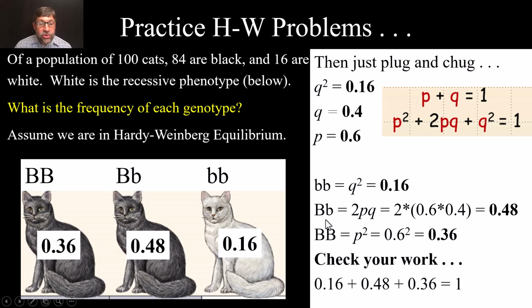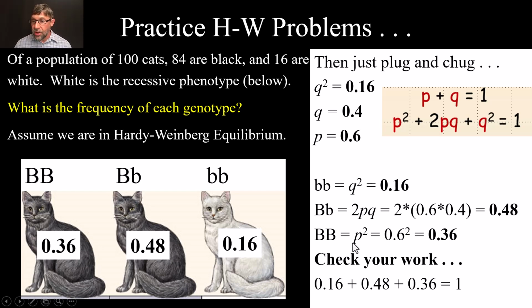To solve for the heterozygotes, I'm going to go back to those Hardy-Weinberg equilibrium equations and think about the genotype frequencies. So we know the frequency of the heterozygotes, big B, little b, is 2 times P times Q. Remember, I've solved for P and I've solved for Q. 2 times P times Q. Remember, with multiplication, it doesn't matter the order that you put it into your calculator. 0.4 times 0.6 times 2 is the same as 2 times 0.6 times 0.4.